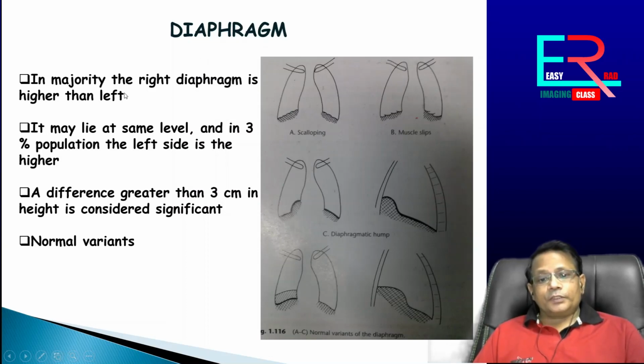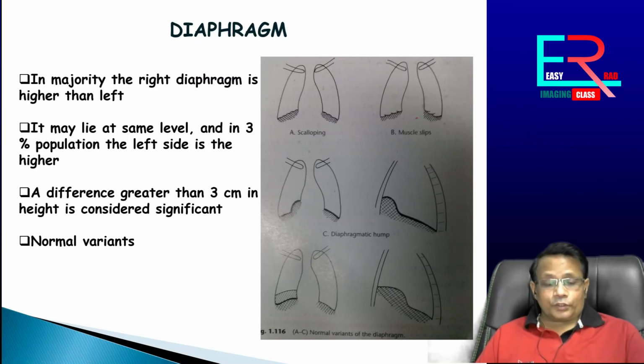In the majority, the right diaphragm is higher than the left. Why? You will be surprised: the right dome is up and the left dome is usually lower due to the weight of the cardia.